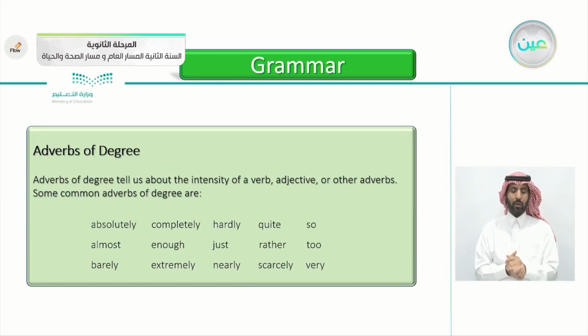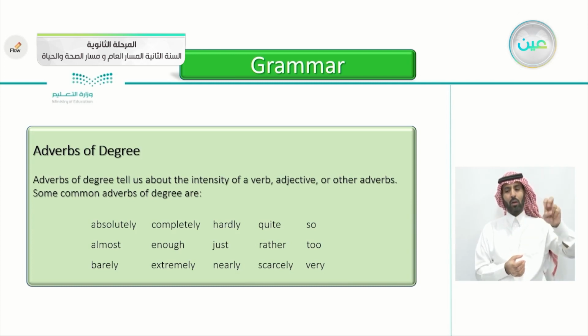Some common adverbs of degree are absolutely, almost, barely, completely, enough, extremely, hardly, just, nearly, quite, rather, scarcely, so, too, and very. So these are some of the common adverbs of degree.